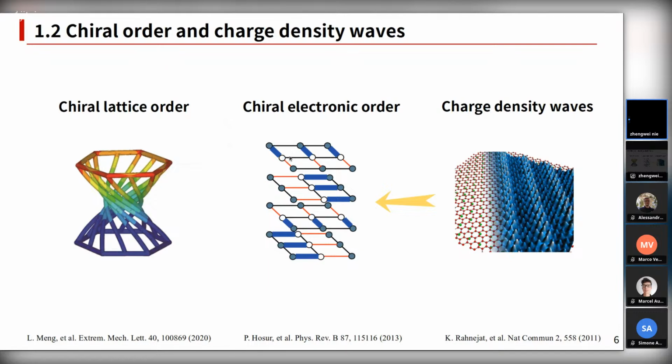We can see that from the top to the bottom, it forms a vortex pattern, even without the chiral lattice order. And the charge density wave provides an ideal platform to study chiral electronic order because when a charge-density-wave transition occurs, it is usually accompanied by a charge distribution as well as symmetry breaking, which may introduce additional chiral order.